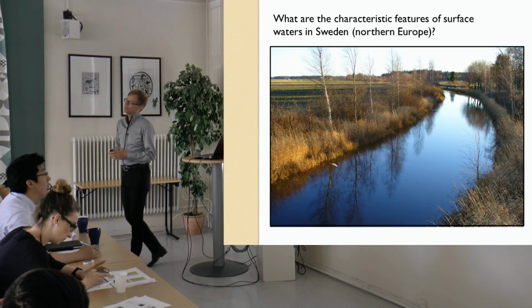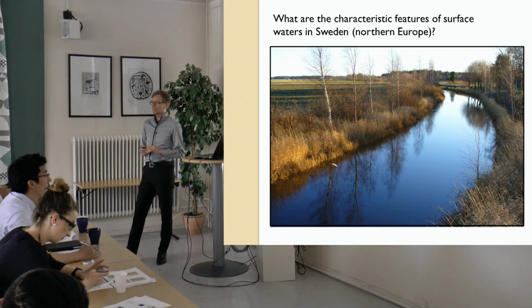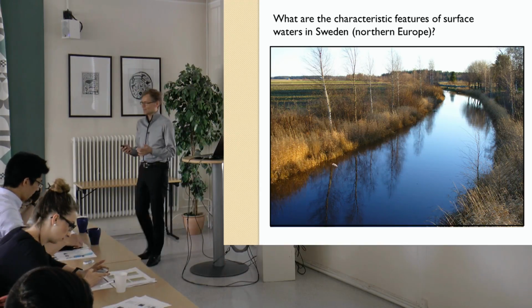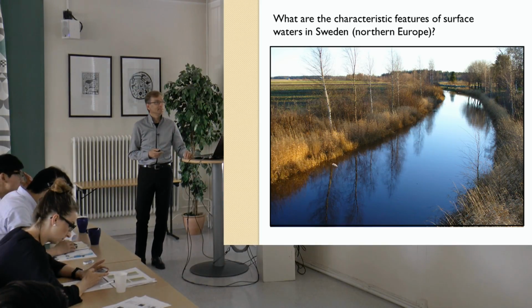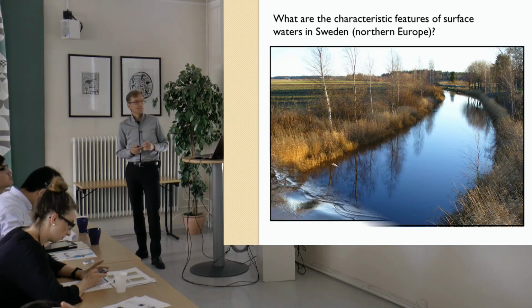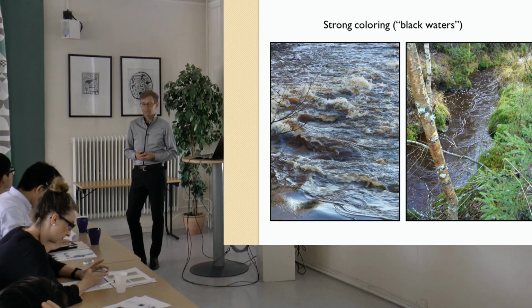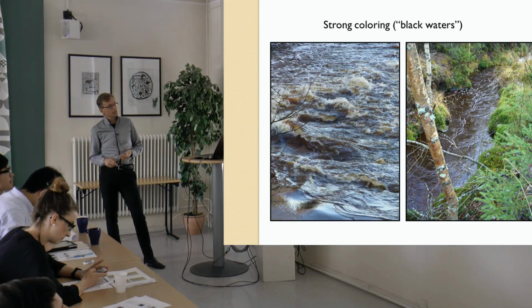So now, what are the characteristic features of surface waters in Sweden and Northern Europe? Are there any characteristics of our surface waters? Yes. A very typical feature is the strong coloring. I hope you can see it to the left in a rapid. You see the water, it's yellow, brown.